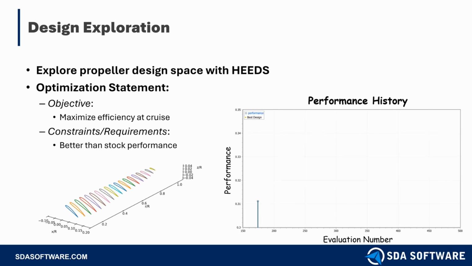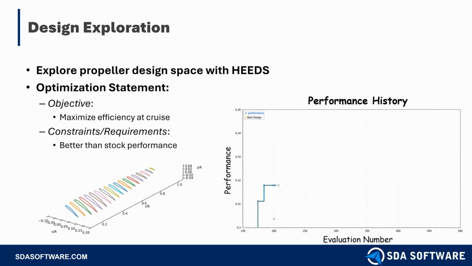What HEEDS has is a performance history. If we look at this plot, the vertical axis indicates the performance of a certain design, and the evaluation number is just the history of which design you're at right now. In the bottom left, I have the 3D representation of the propeller blade.